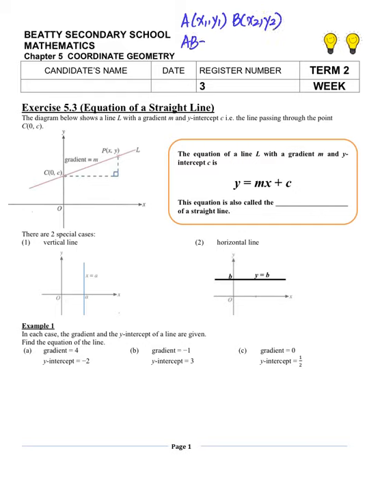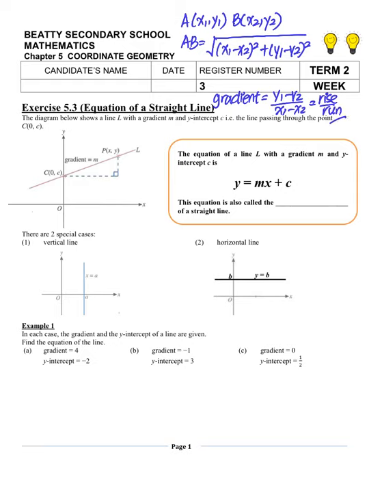Then your distance formula is the square root of (x1 minus x2) all squared plus (y1 minus y2) all squared. And then your gradient formula will be equal to (y1 minus y2) over (x1 minus x2), or your rise and run. So you have done both your distance and gradient formula.